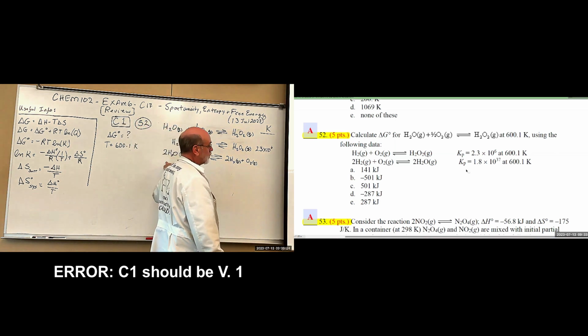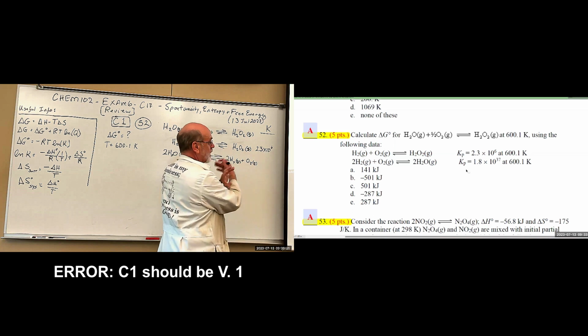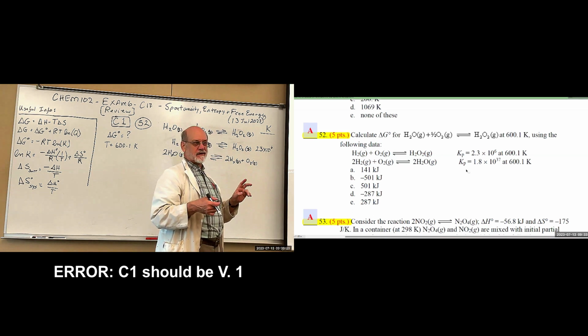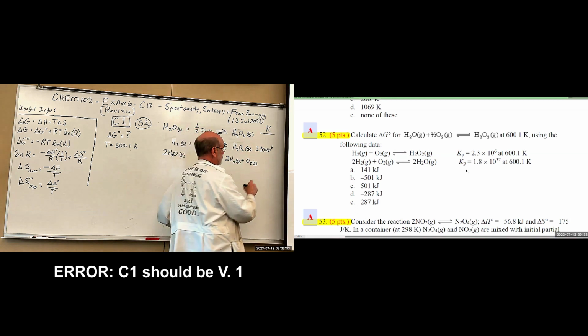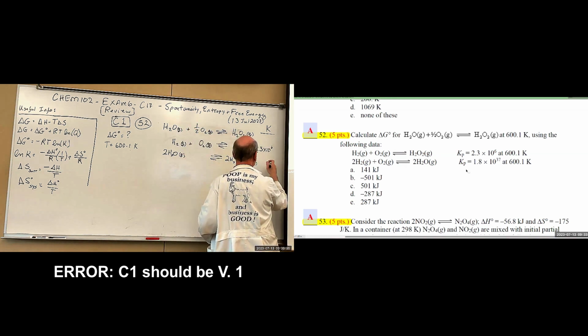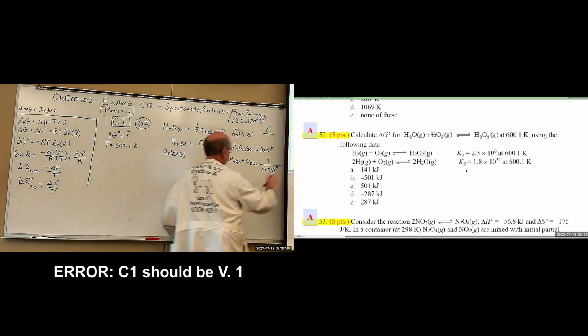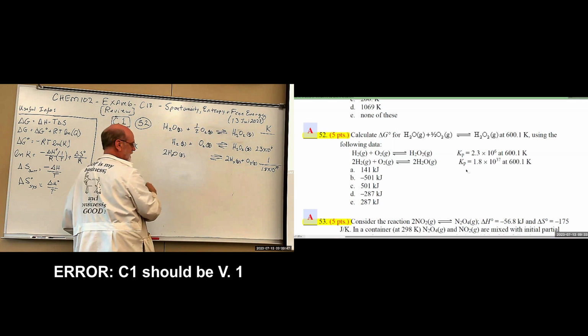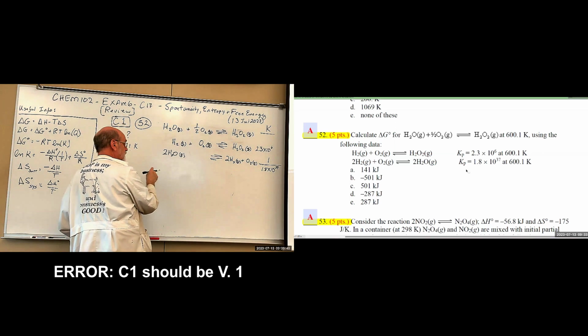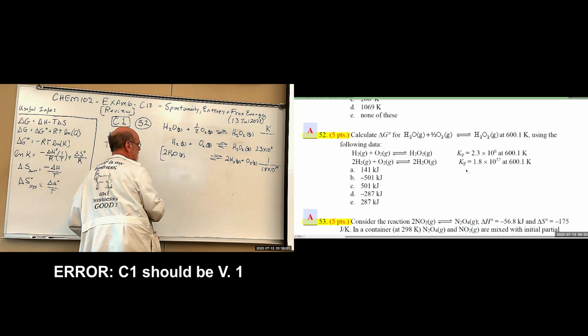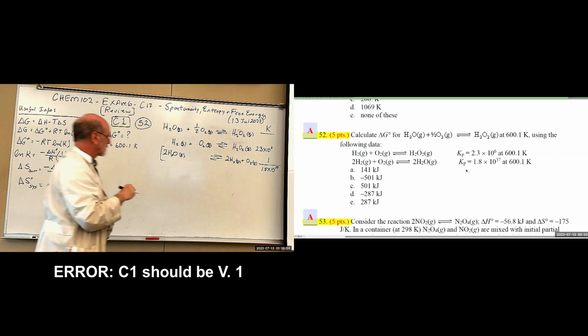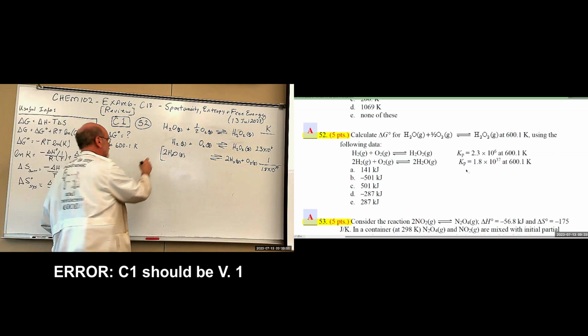But in doing so, what we've done is by flipping the equation, what does that do to the K? We have to invert it. And we have to take the inverse of that K. So the K here is going to be 1 over 1.8 times 10 to the 37. Okay. We'll resolve that in a minute. But the next thing we need to do is take half of this one.